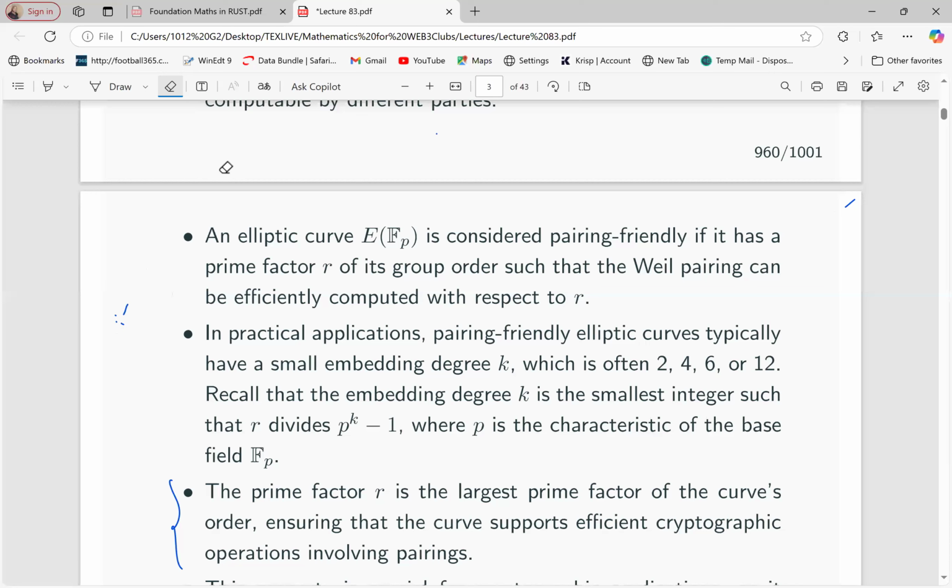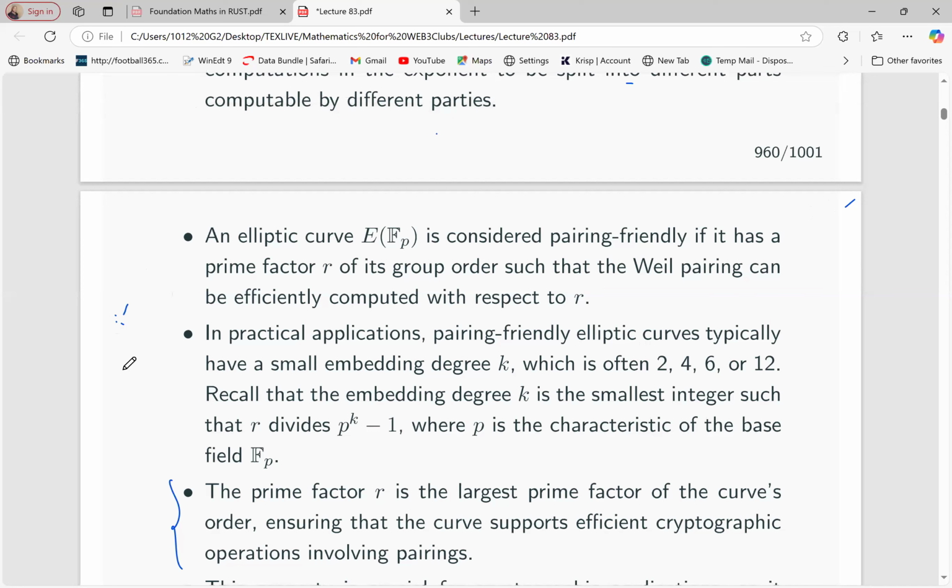So how should R look, therefore? We've already disqualified 3. 3 cannot be R. So how should R look? Remember that R is the one that is assisting us to get our embedding degree. And remember that our embedding degree is supposed to be one of these: either 2 or 4 or 6 or 8.